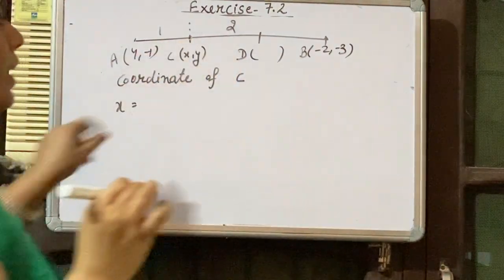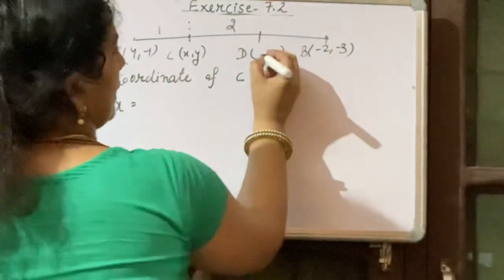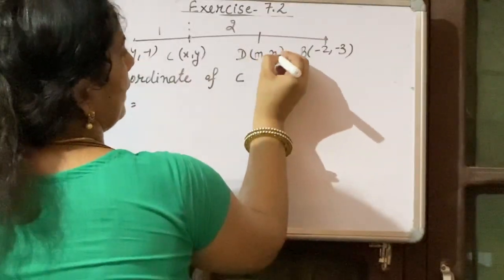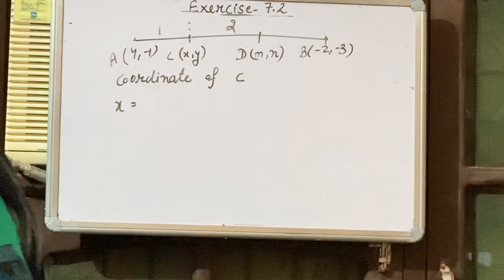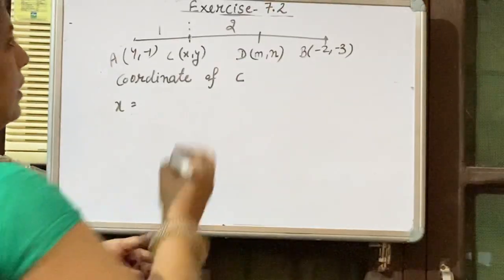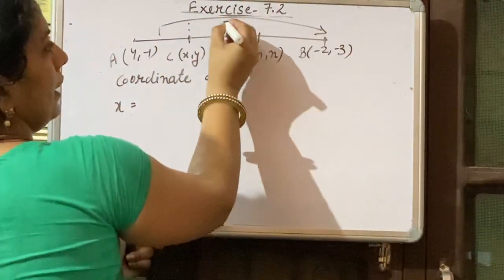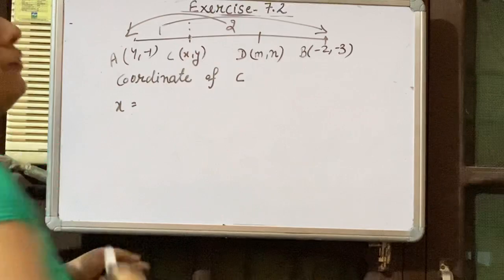Here we can write the coordinate of this point as x and y, or here we can say m and n. Just change the names, m and n. Coordinate of C will be: multiply the first ratio with the second point and the second ratio with the first point.